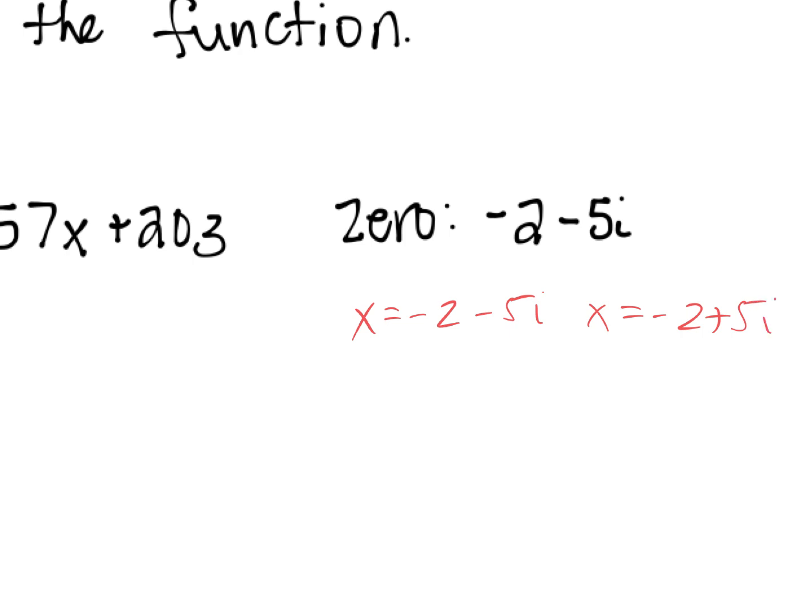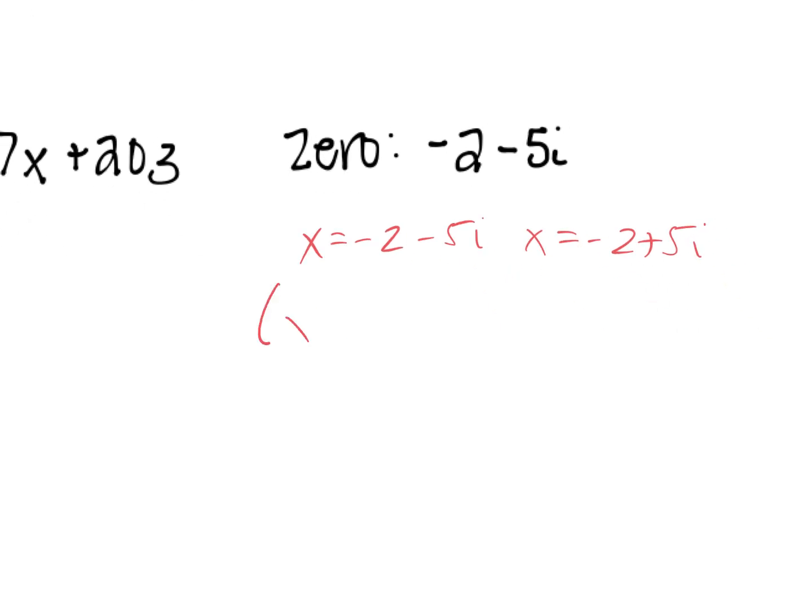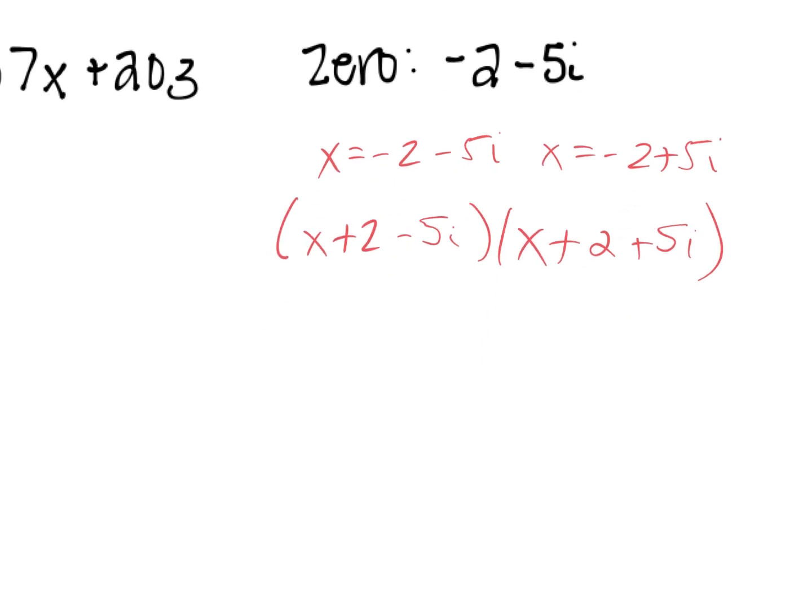So when I go to multiply them together, I have x plus 2 minus 5i, x plus 2 plus 5i. This one's different because it started out negative, so when you move it over, it becomes positive. But if you notice, guys, same thing. I have x plus 2 twice. I have 5i here twice. And I have my sign in the middle.